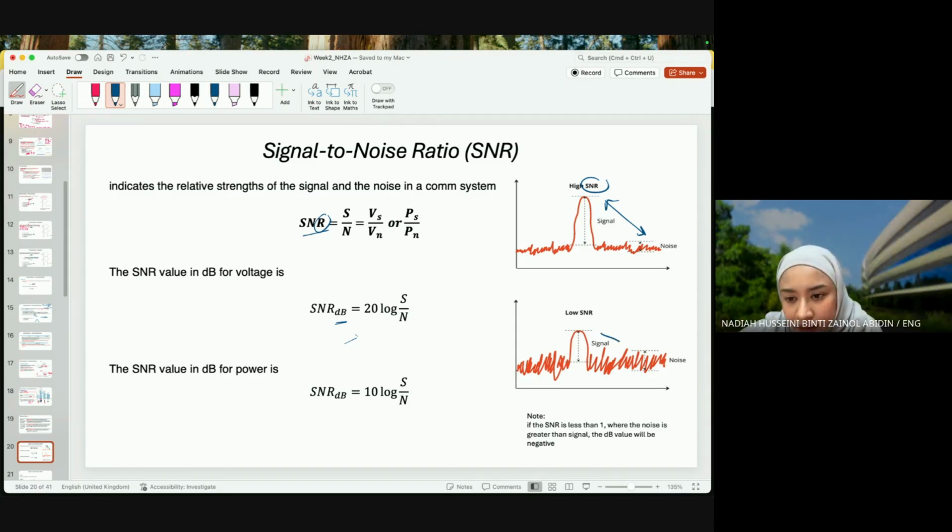If the difference is small, the signal is small compared to the noise, meaning the ratio is going to be small. If the ratio is small, therefore you would get low SNR. If the SNR is less than 1, that means the noise is greater than the signal and the dB value will be negative.